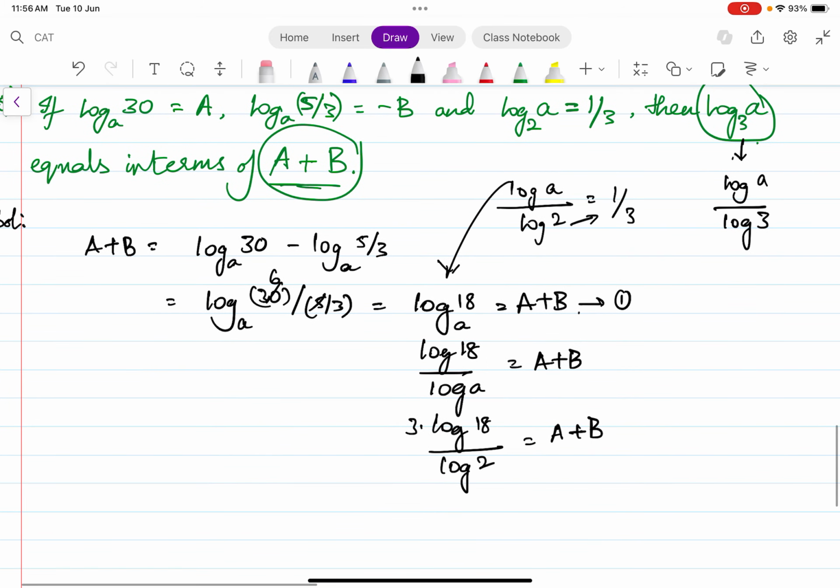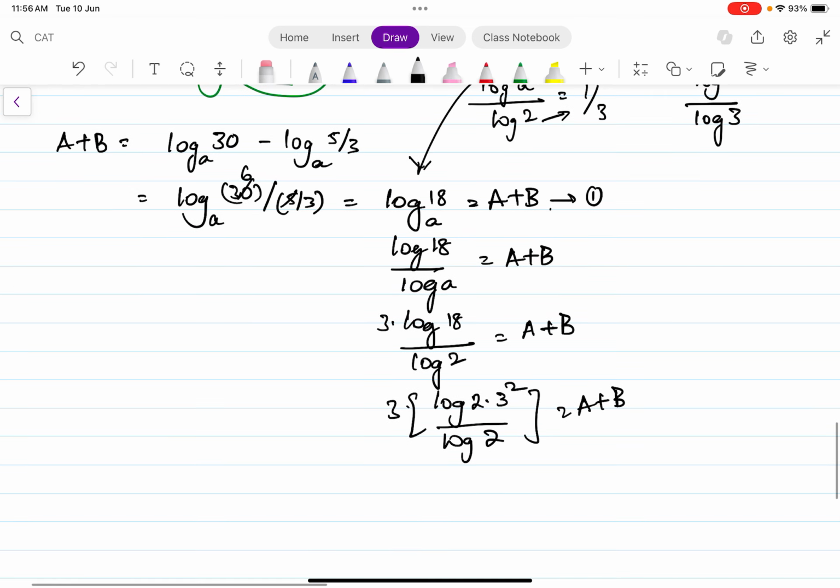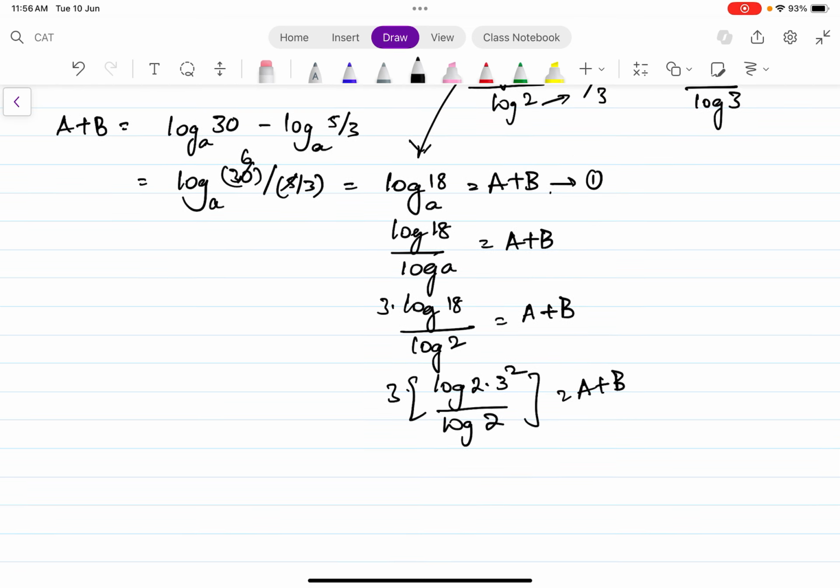Now how can I write 18? 18 can be written as 3 into 3 square into 2 is 18, which is equal to a plus b, correct? Now if I expand this one, the product becomes sum, right? So log 2 plus, log 3 square becomes 2 into log 3 because the power comes outside.